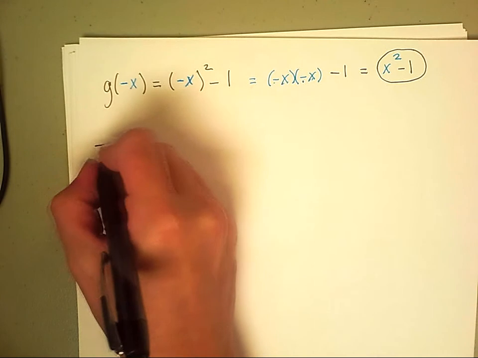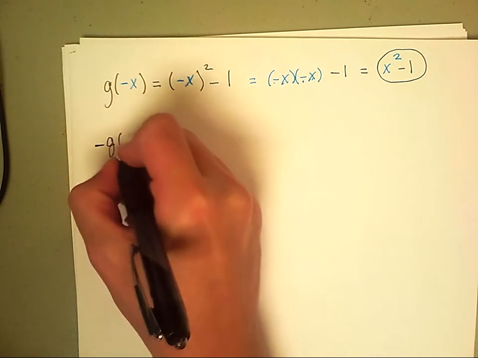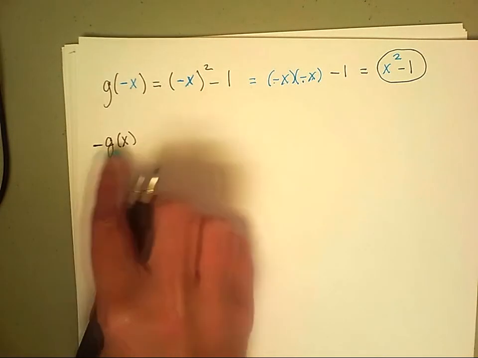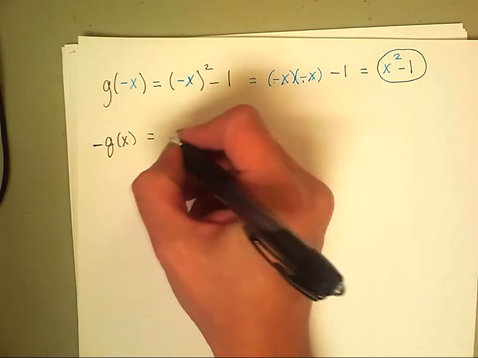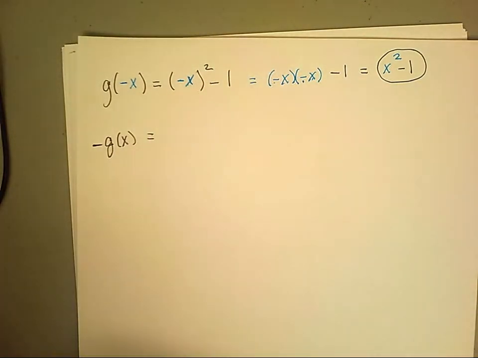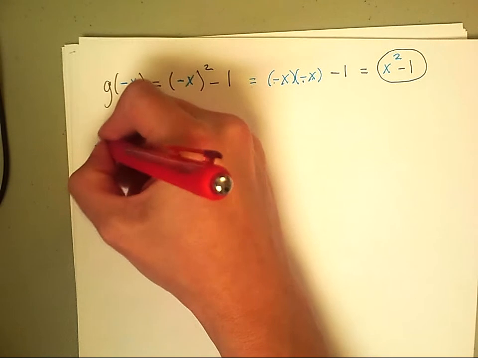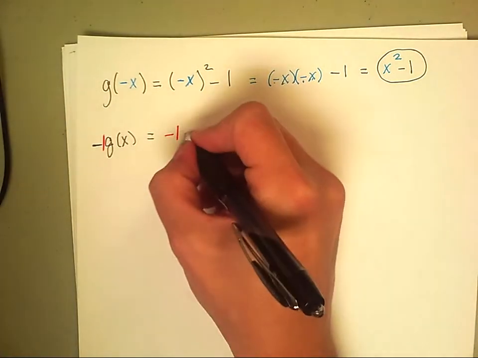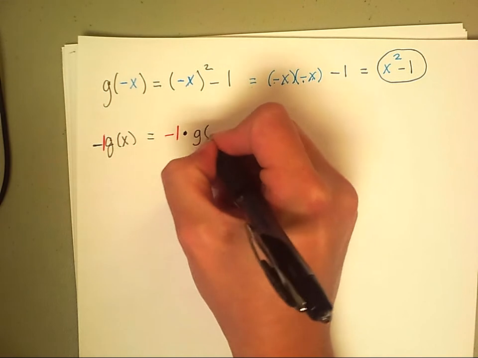Now the difference here, we could find negative g of x. Okay, so this is g of negative x, this is negative g of x. Okay. So the way I like to think about this is, remember, anytime we have a negative, we can think about it as being a negative 1, so we don't forget about what's going to happen. And then we're going to multiply that by g of x.